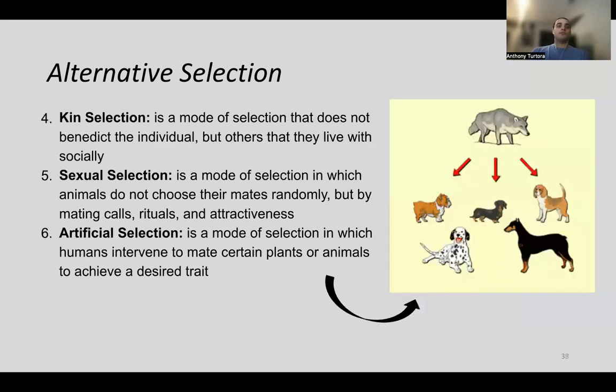All right, so a few more. We have 4 here is kin selection. This is a mode of selection that does not benefit the individual, but others that they might live with socially. So an example of this is altruism. Let's say we have an animal like a squirrel that encounters a bear with its offspring.